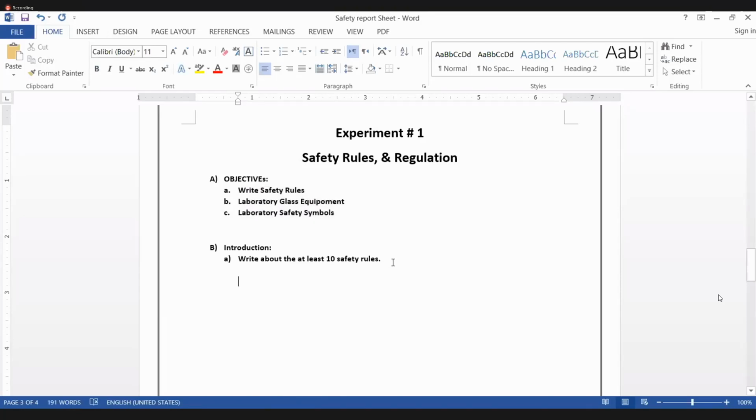You can take these 10 safety rules from the presentation I already showed you. You can select any 10 safety rules which you feel are most useful in the lab. Although all of them are useful, you write the 10 you find most useful.